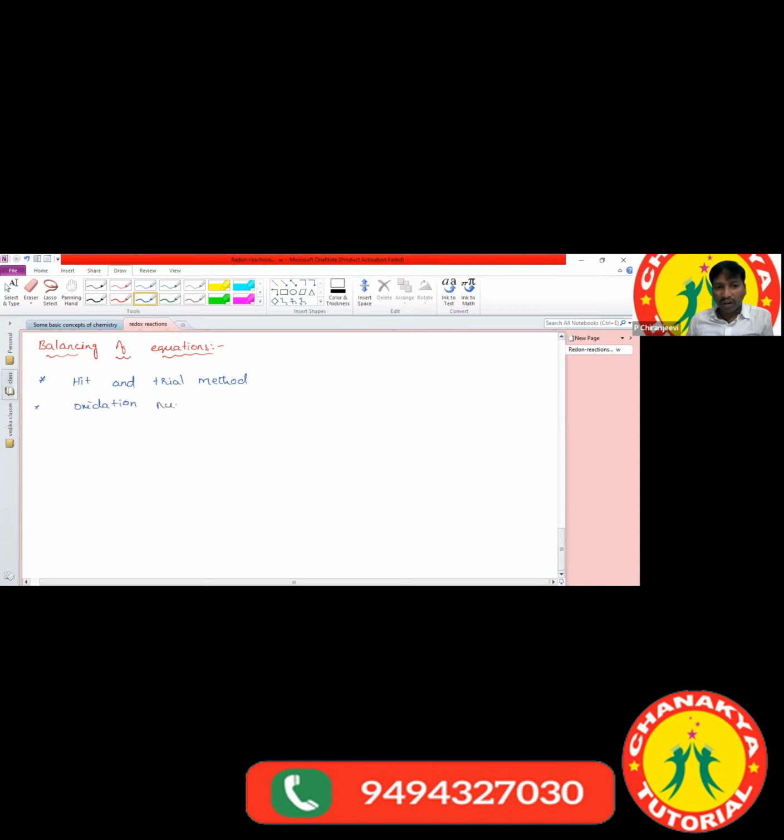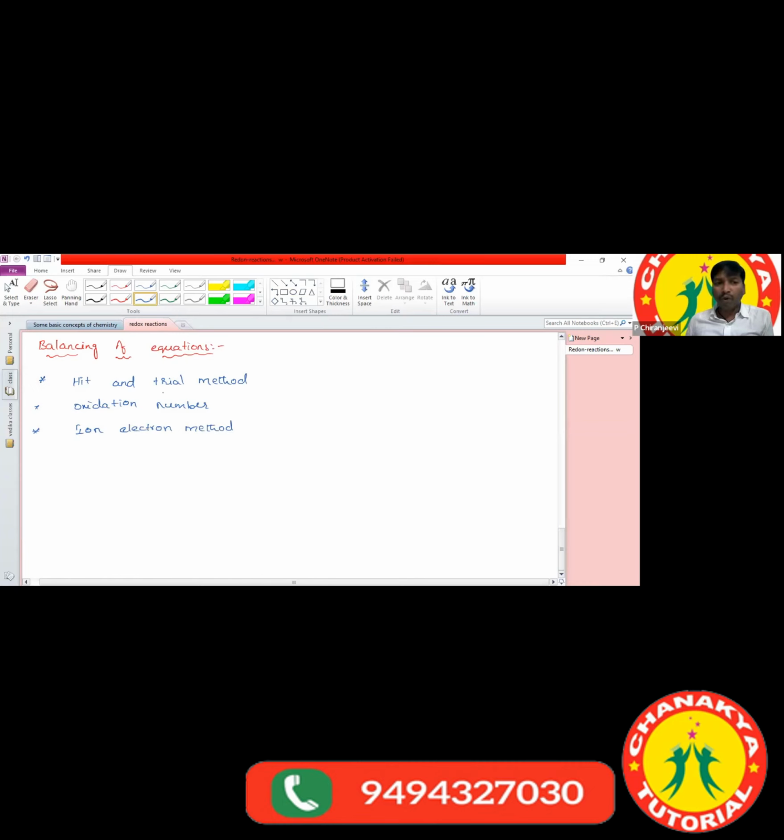Third is the ion electron method. Among these three, in the examination they ask the questions based on the ion electron method.